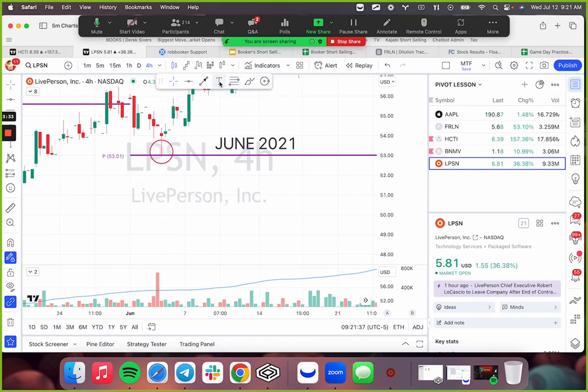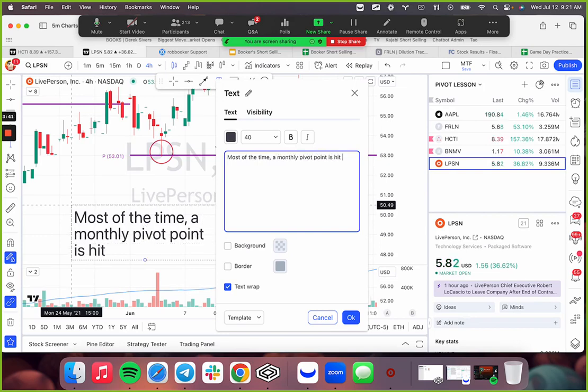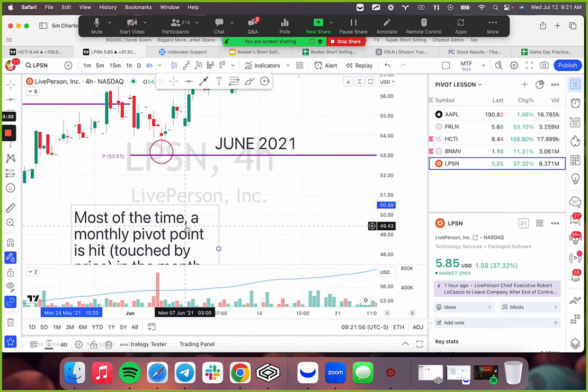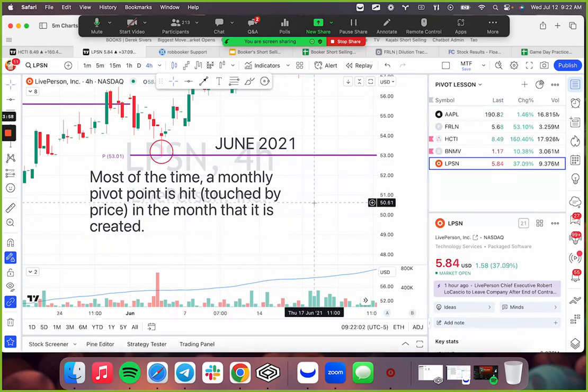So I'm going to write something on the screen here. Most of the time, a monthly pivot is hit or touched by price in the month that it was created.